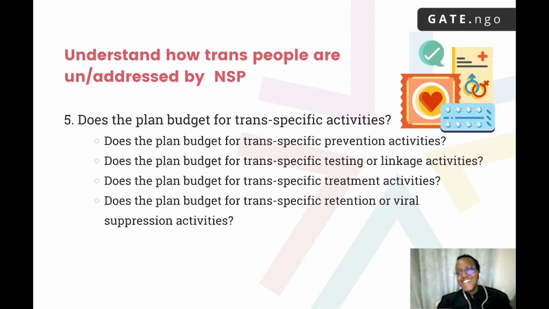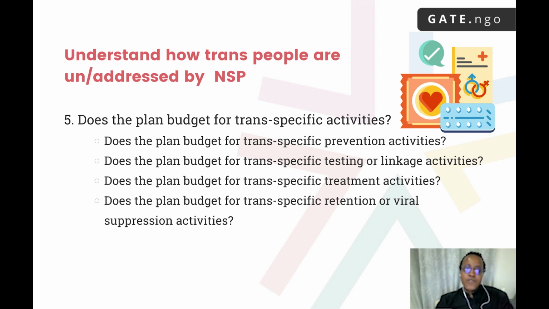The second last section I'll be talking about is the budget for the activities themselves. So we want to make sure that these activities are actually budgeted for, because a budget reflects priority. Where you put your money is where the priority is.